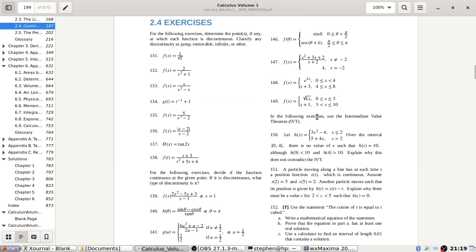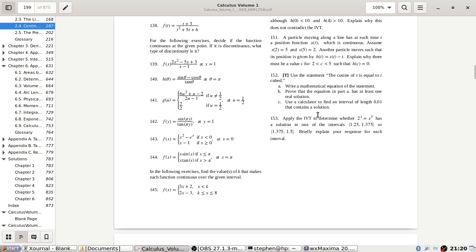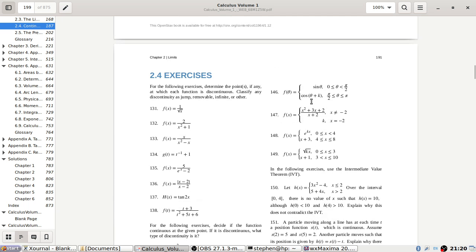I know what they mean, but I think it could have been clearer here. I think what they're basically saying is make sure this function is continuous over the reals. This would be over the reals. Over the reals. And because the root, I assume they mean here over the positives, including 0.